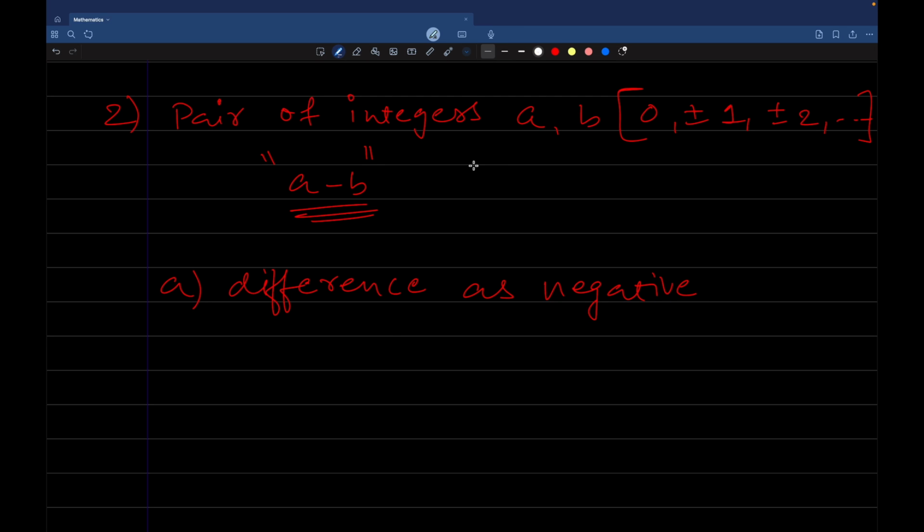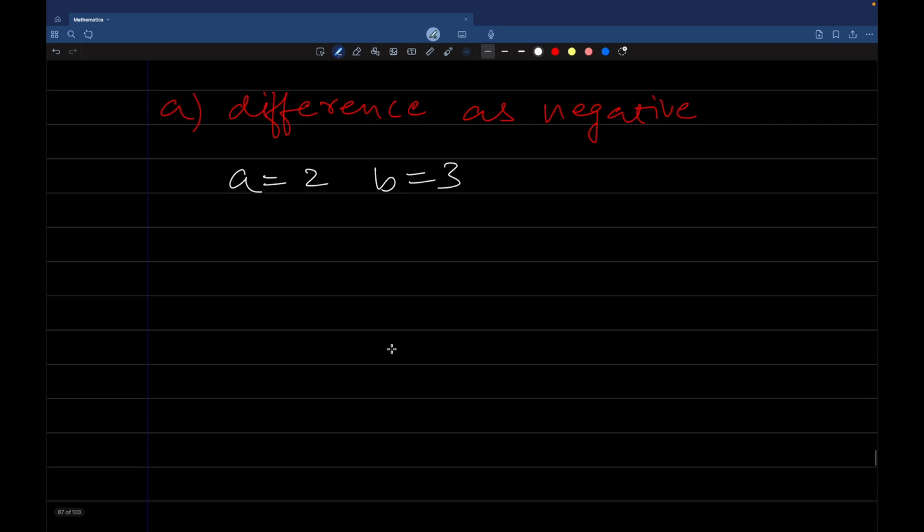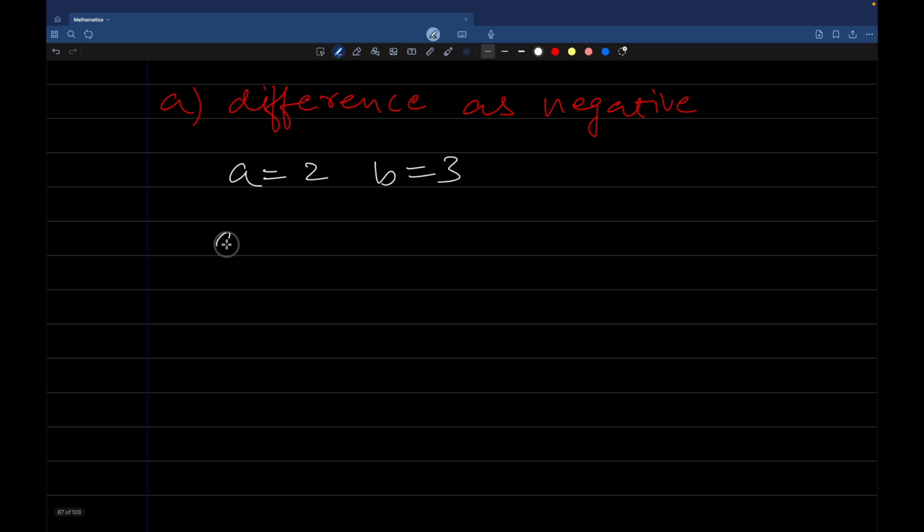So we can take a equals 2, b equals 3. We have a minus b equals 2 minus 3. We will get minus 1. We are removing something from 2, and 3 is larger than 2, so we will get the answer in negative.